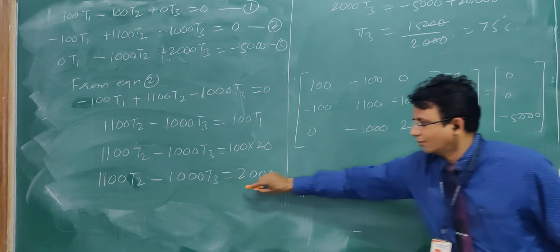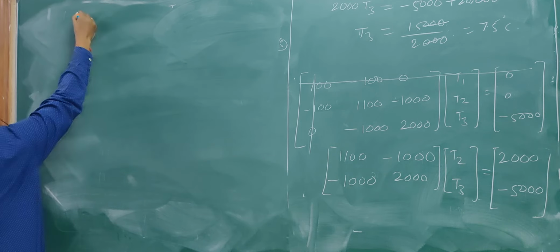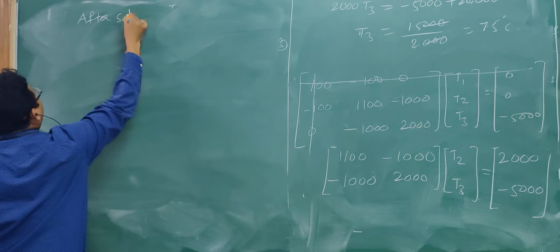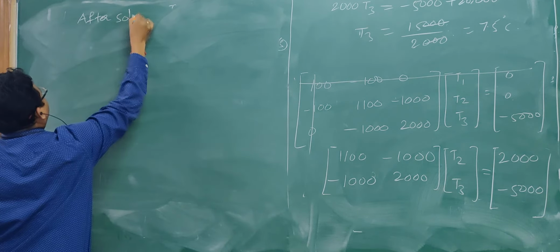after solving, I get T2 equal to minus 0.833 degree centigrade and T3 equal to minus 2.9167 degree centigrade.